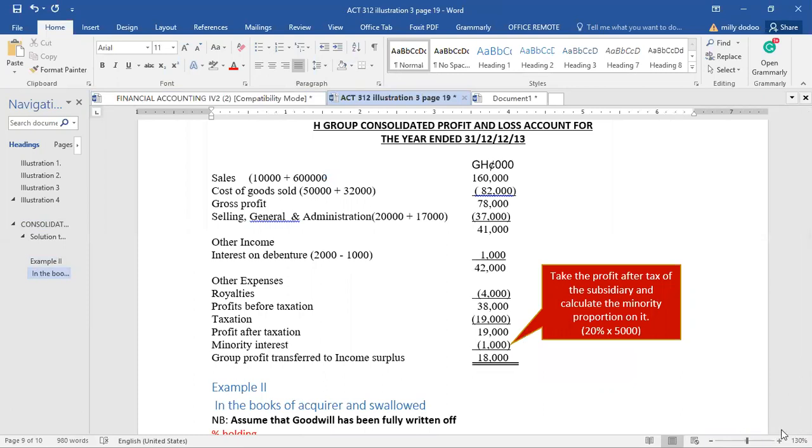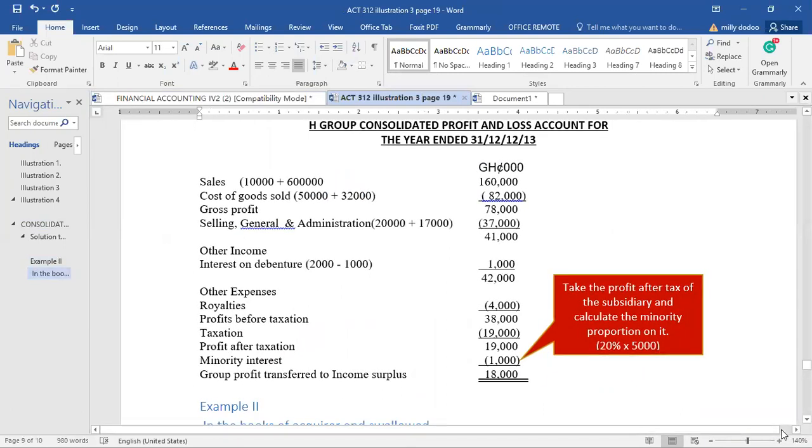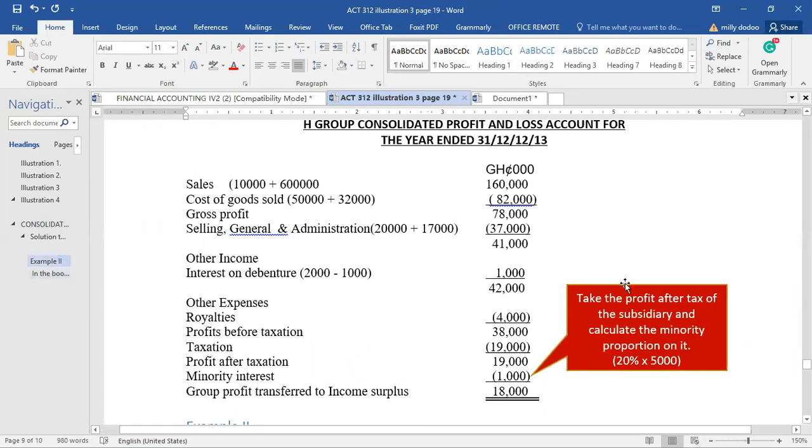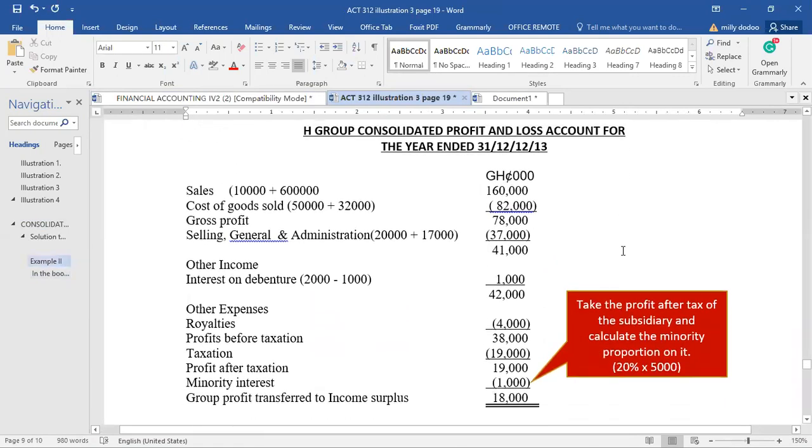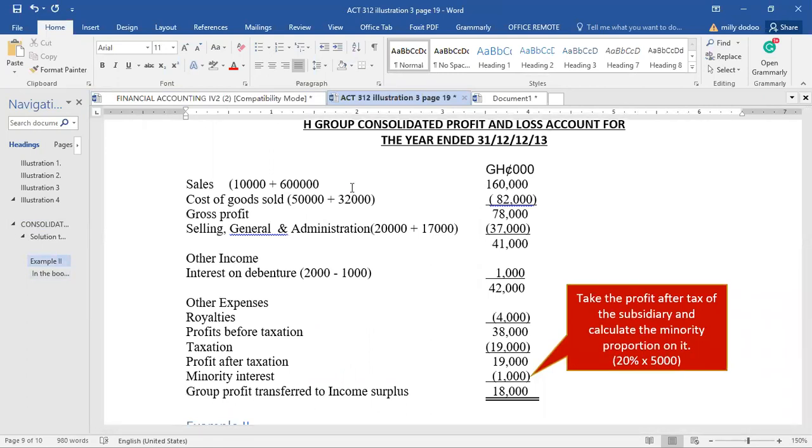So let me zoom it small so that you can see. Good. So in the books of H, we have the sales in the question given to us. H sales given is 100,000 and S sales given is 60,000.